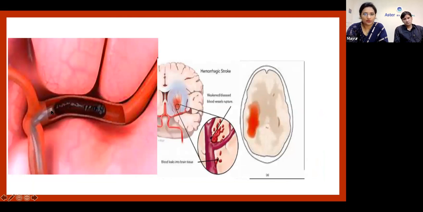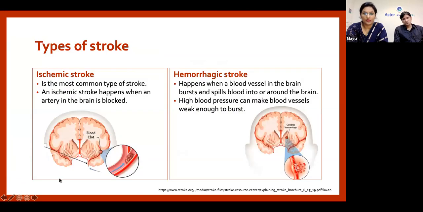Whenever a clot deposits there, like what we're seeing here, that part of the brain will not get the blood supply, and then it gets damaged. And in a hemorrhagic stroke, the blood tube ruptures or bursts, and there's a leakage of blood into the brain tissue. So now we know what ischemic stroke and hemorrhagic stroke are.